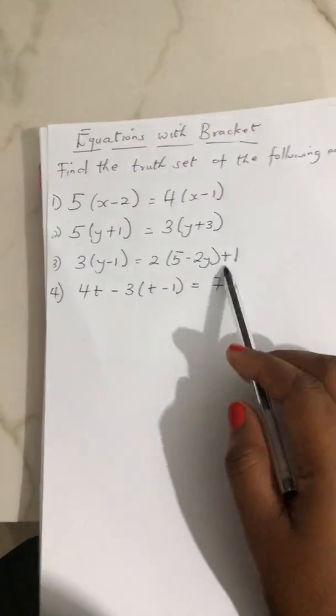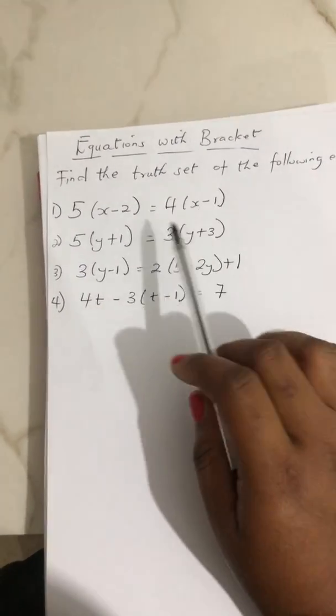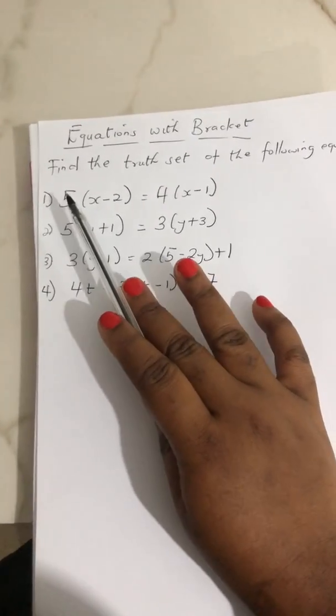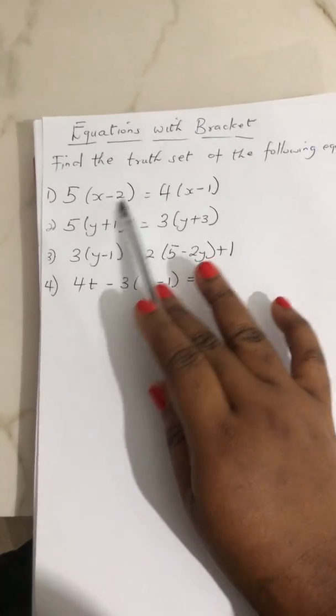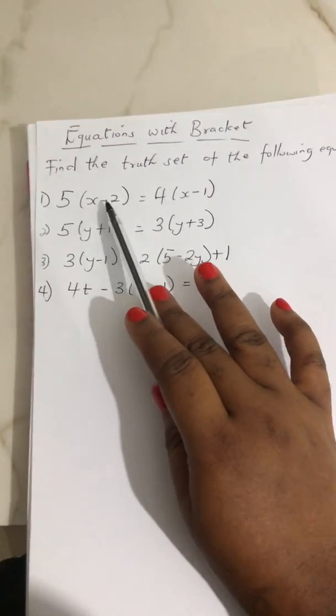Now, the trick with how to solve a question like this is that when you have a number in front of the bracket, it is that number that you are going to use to open the bracket, because you cannot work with it like this. You have to open the bracket.